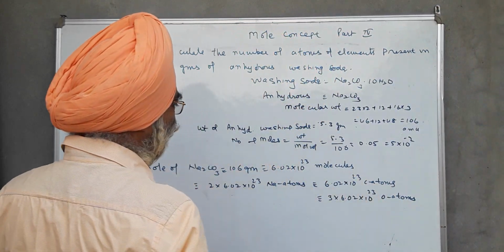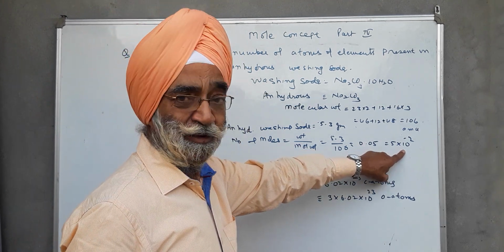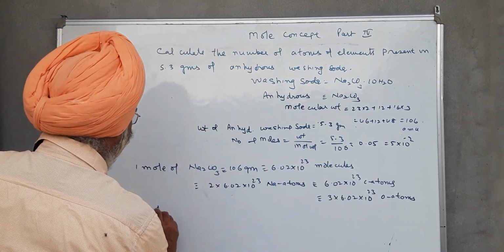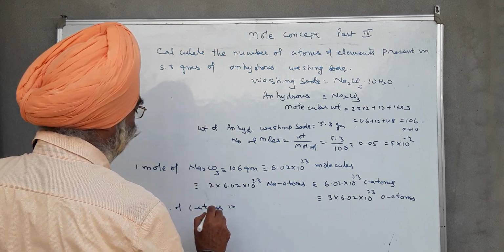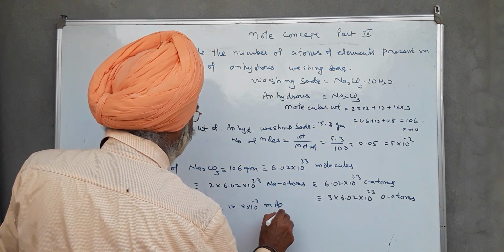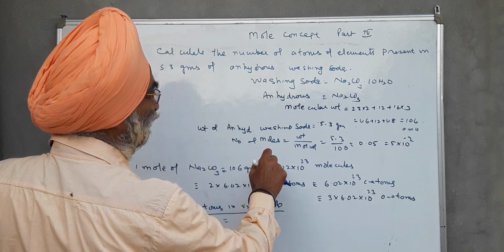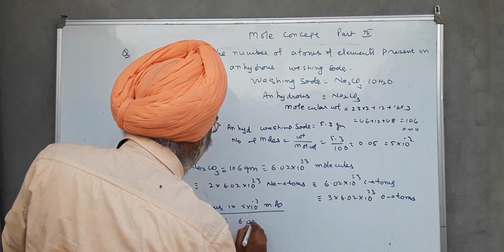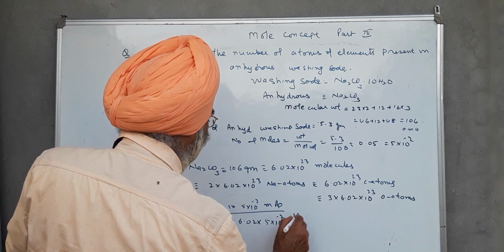We shall calculate the number of carbon atoms in 5 into 10 raised to the power minus 2 moles of sodium carbonate. This will be equal to 6.02 into 5 into 10 raised to the power minus 2 into 10 raised to the power 23.